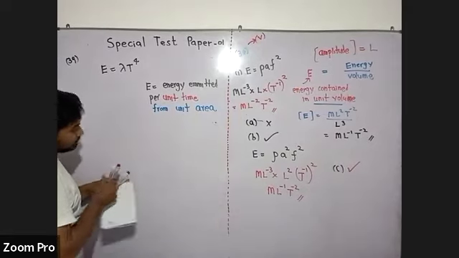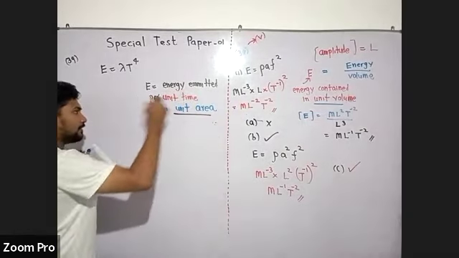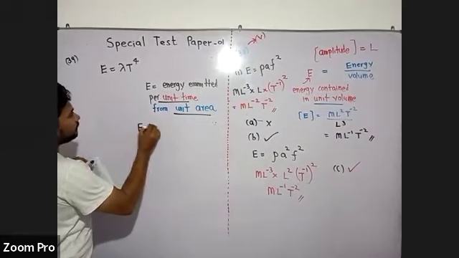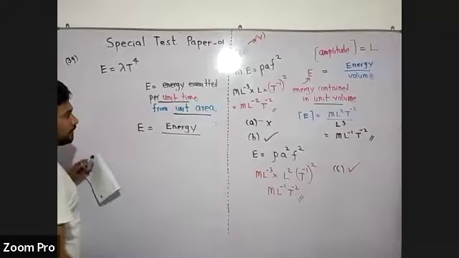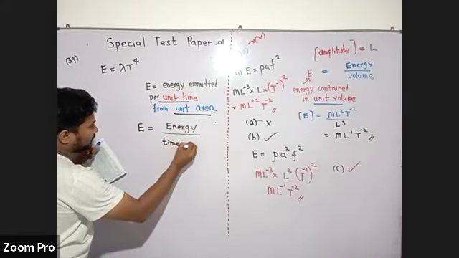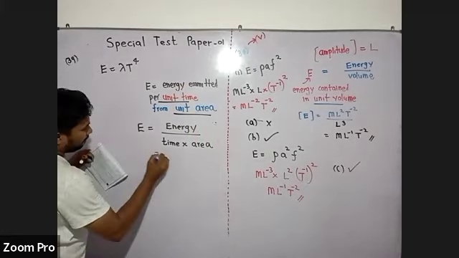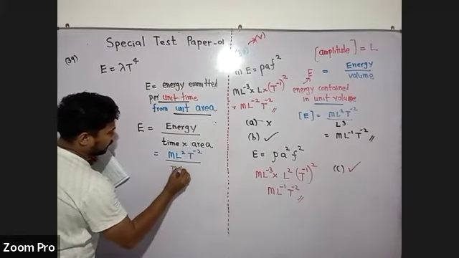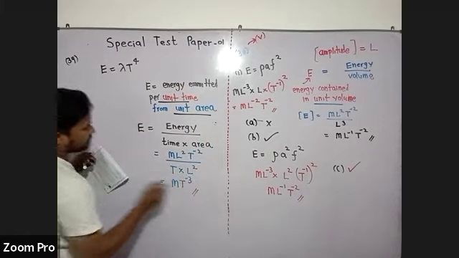I have always mentioned that if a physical quantity is expressed per unit, it should be included in the denominator. So E should be equal to energy, with time and area written in the denominator. So the dimensions are ML^2 T^-2 over T into L^2, which gives MT^-3.